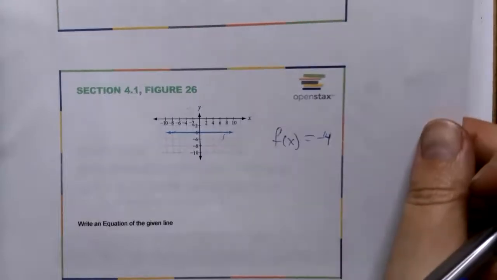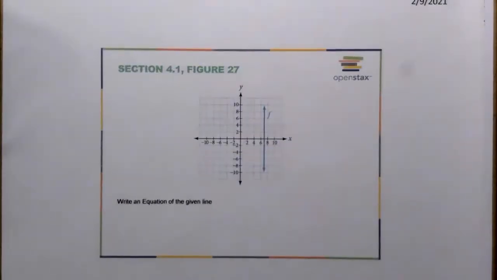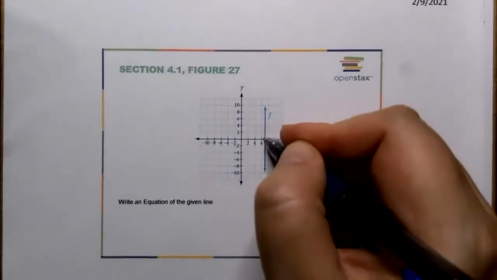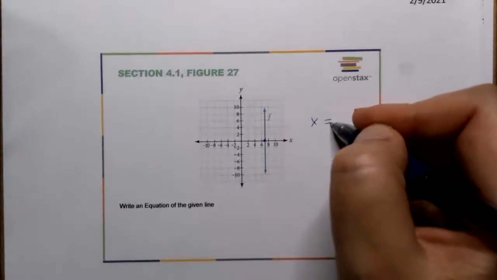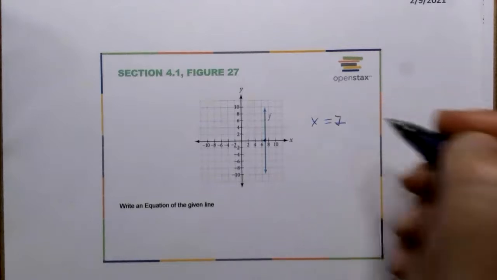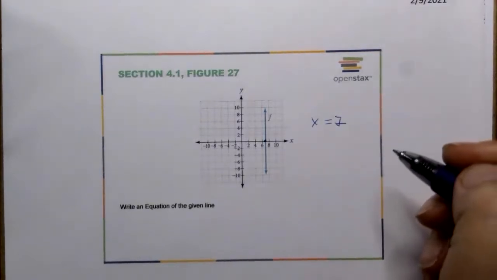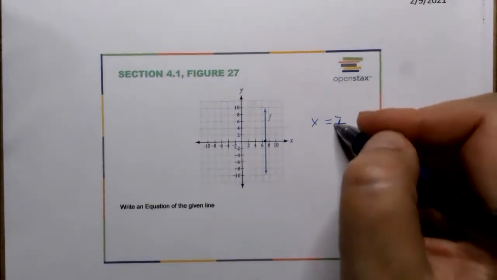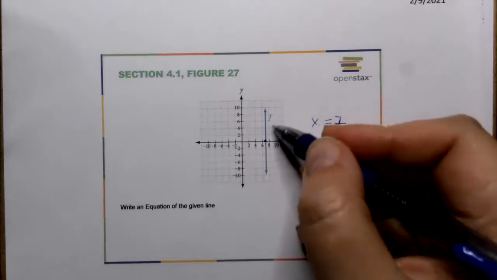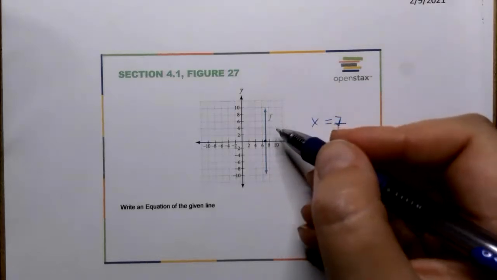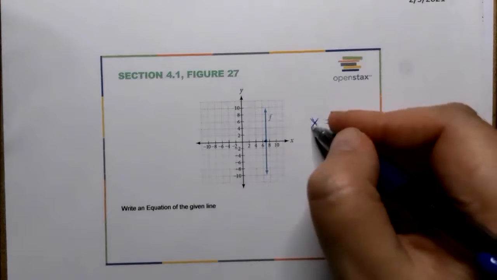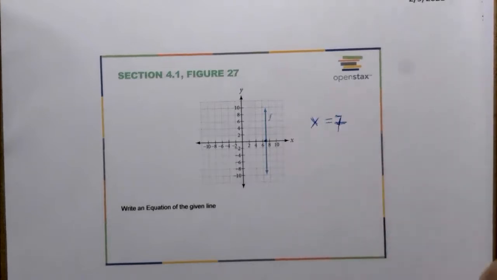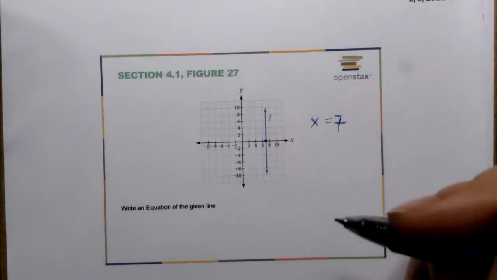And for the vertical line, whatever the intercept is, x equals 7. That's it. I don't know why they put f there. It's not a function.